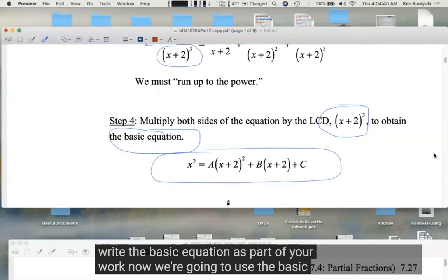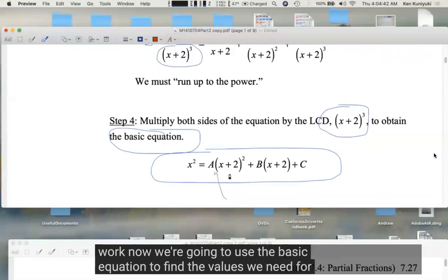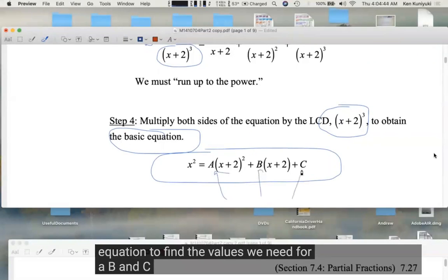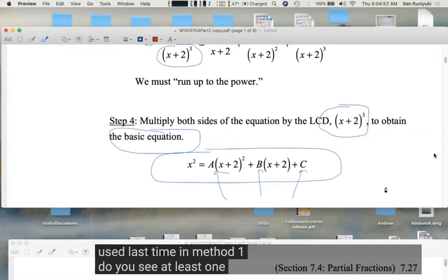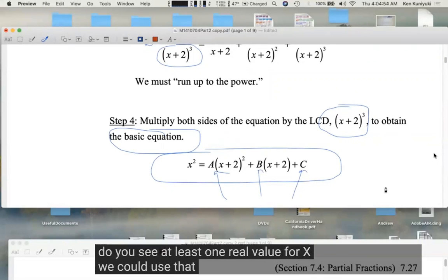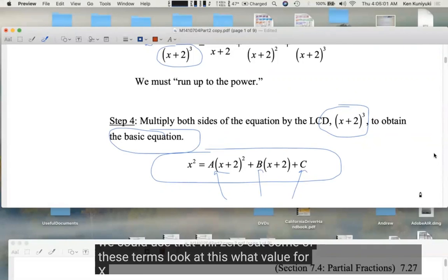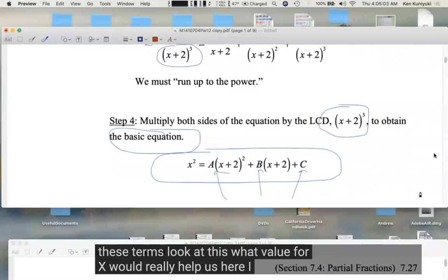Now we're going to use the basic equation to find the values we need for A, B, and C. So remember the strategy we used last time in method 1. Do you see at least one real value for X we could use that will zero out some of these terms? What value for X would really help us here?